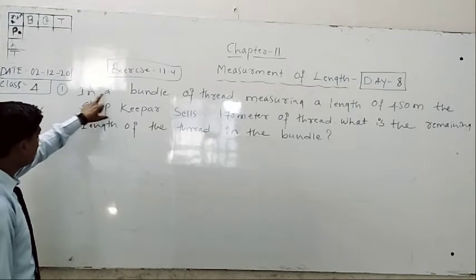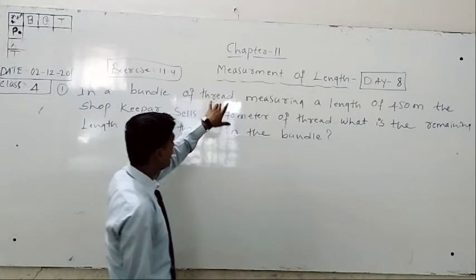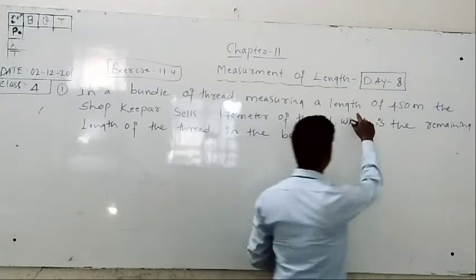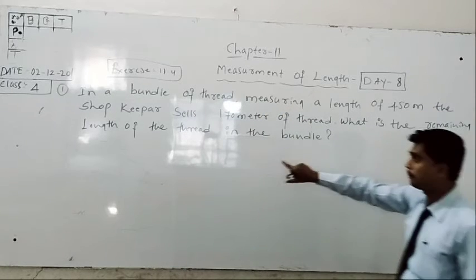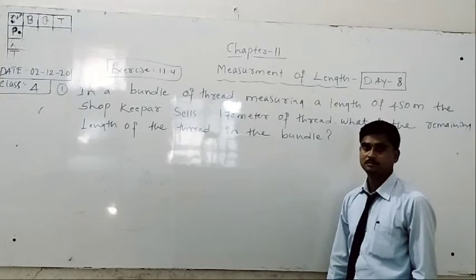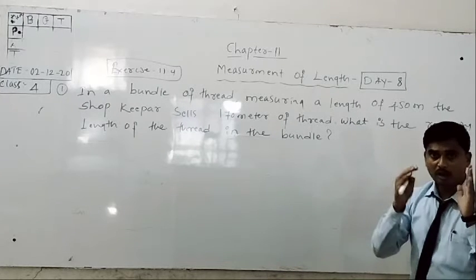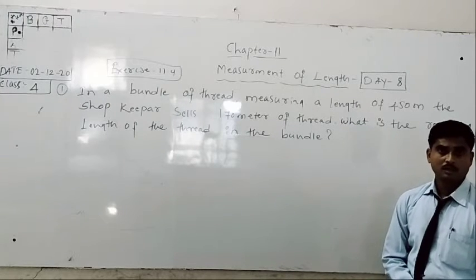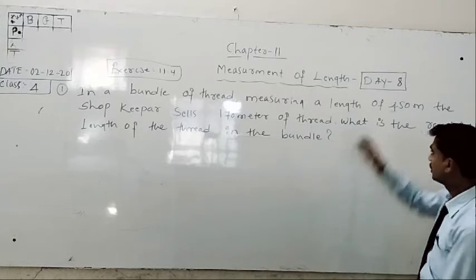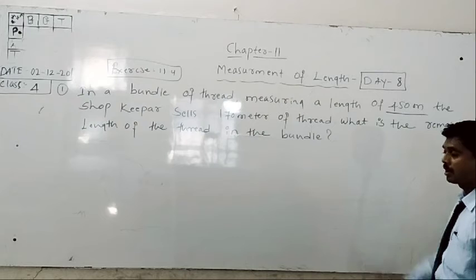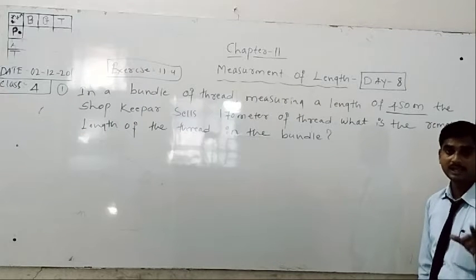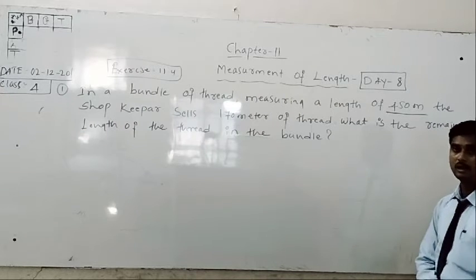Okay, in a bundle of thread measuring a length of 450 meter, the shopkeeper says, one bundle of thread is there. The thread bundle has how many meters? 450 meter. In one bundle thread length is 450 meter.